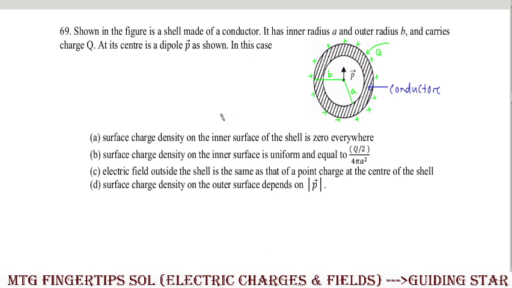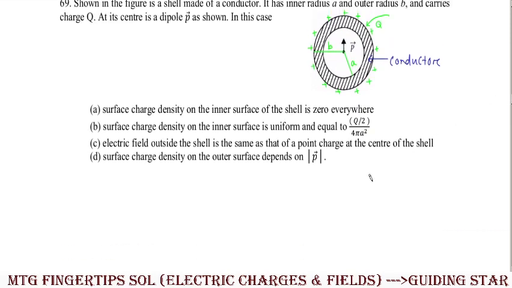So here if we draw the figure once again, in this particular case, let this be a spherical cell, and that one is the outer surface and inner surface, and this is completely made up of conductor. Here this is the conductor part, that means solid part present over here, and this is hollow one. Clear?